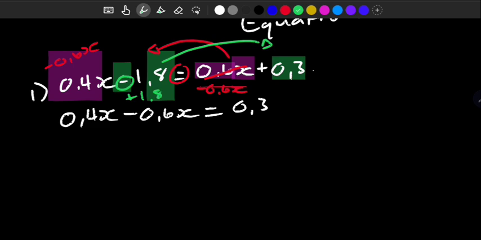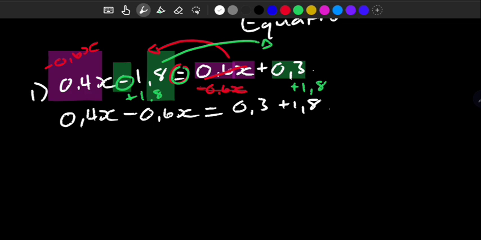Alternatively, you can say it jumps the border, the equal sign, and from negative it then becomes positive, so positive 1.8, right? Then you have your equation there, you simplify that.